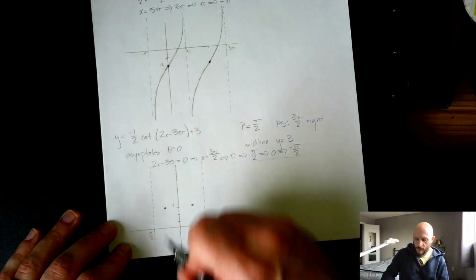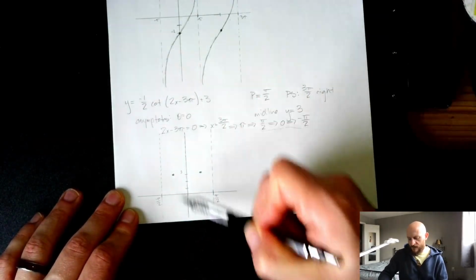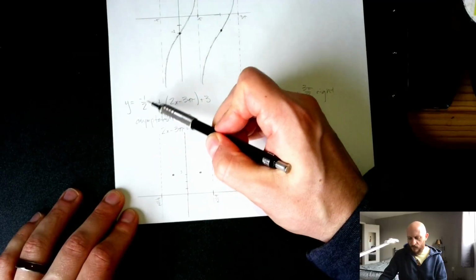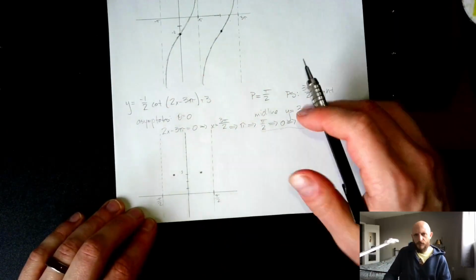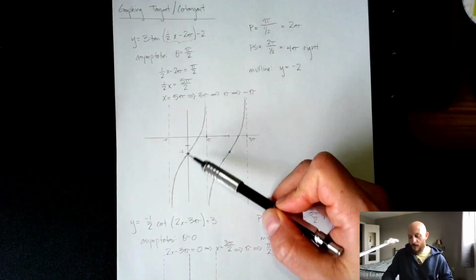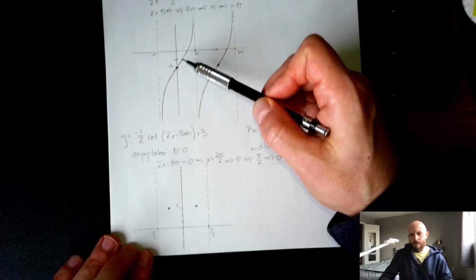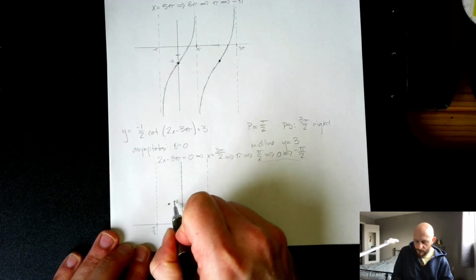So this thing will come up through the midline rather than coming down through the midline. And because there's the 1/2, that's kind of like a compression factor. Previously we said this 3 makes everything come up through the midline faster. The 1/2 is going to make it come up through the midline a little bit slower, so not quite so steep, something like this.